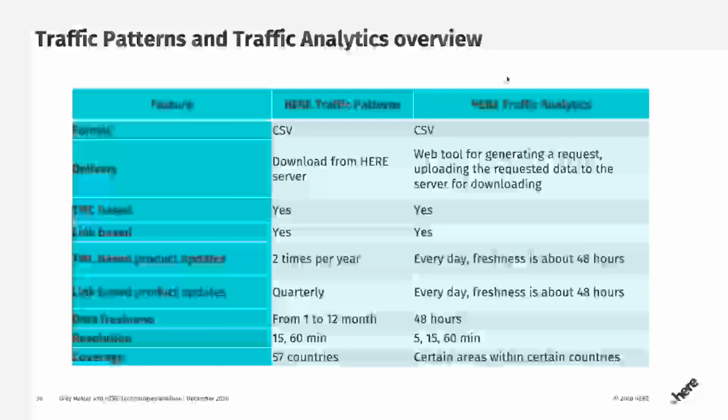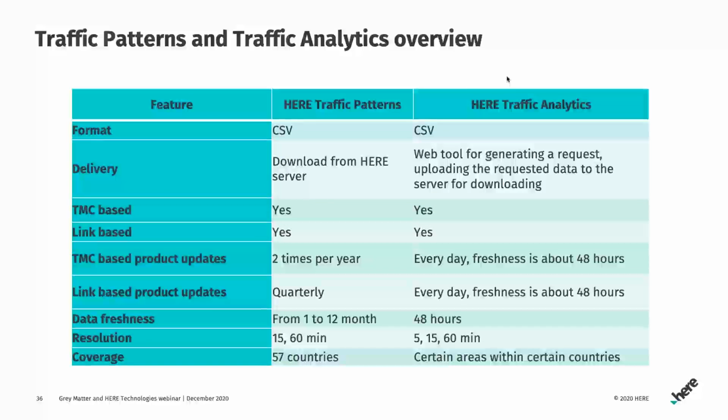Key differences between traffic patterns and traffic analytics. Both we offer in CSV format. Traffic patterns you can download from our server, but traffic analytics is a web tool to generate samples, and then you can download them from our server also. Both of them we offer as TMC based and link based.